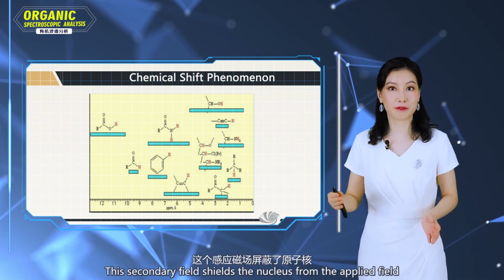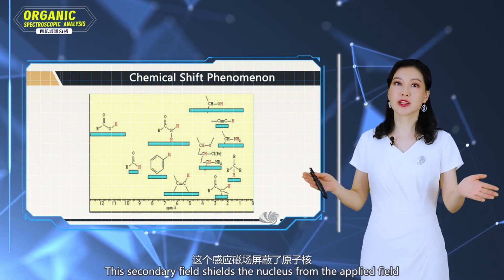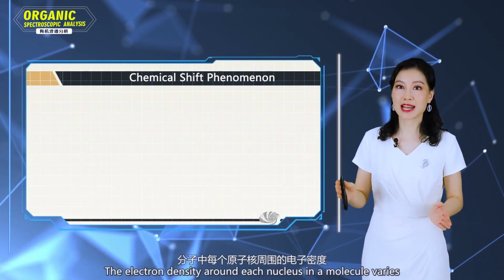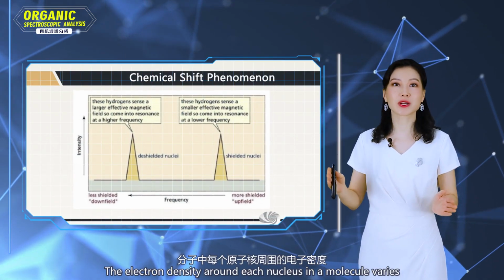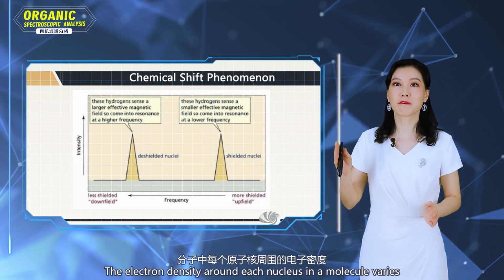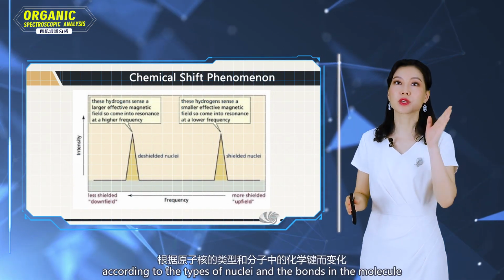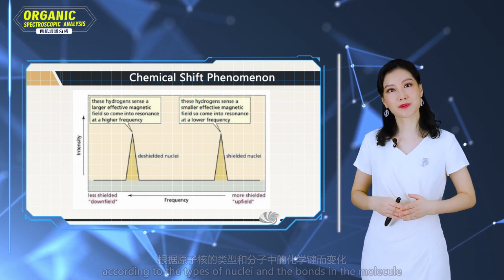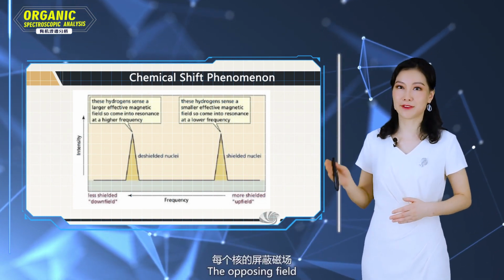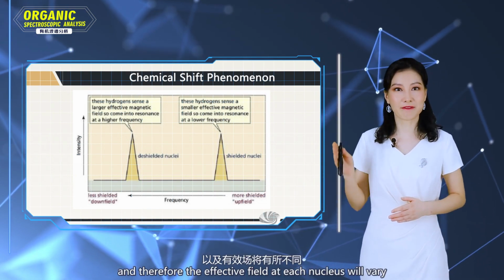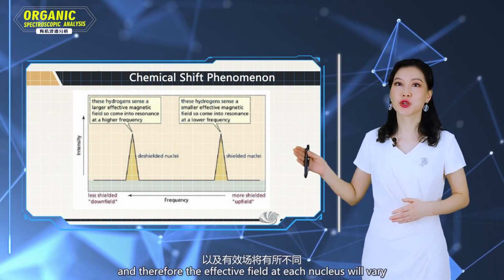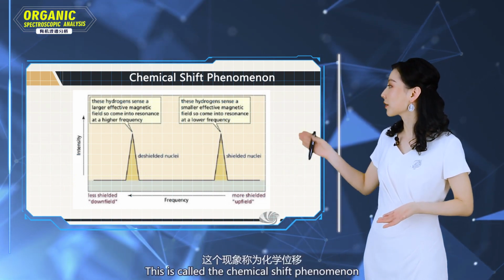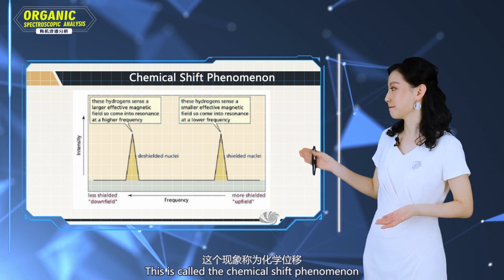This secondary field shields the nucleus from the applied field. The electron density around each nucleus in a molecule varies according to the types of nuclei and the bonds in the molecule. The opposing field, and therefore the effective field at each nucleus, will vary. This is called the chemical shift phenomenon.